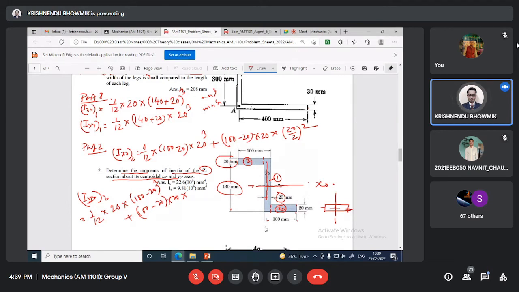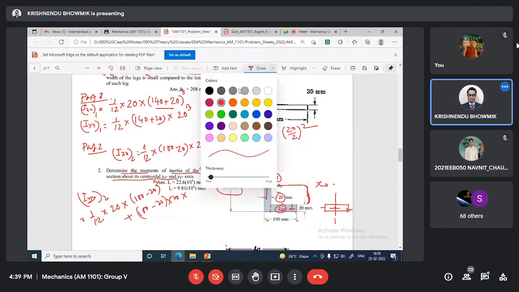Just a minute, okay, I made one mistake. This was 10. The 20 by 2 is fine, but I missed this distance. Understood? This distance plus this distance I have to add.